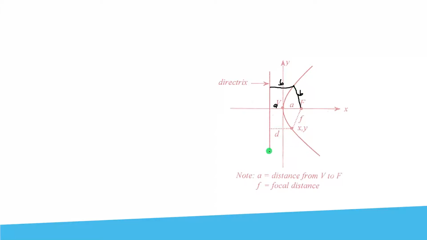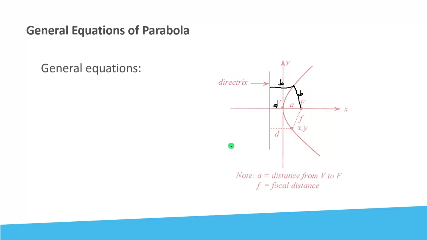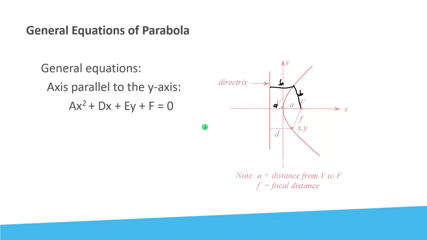So this is the general equation of a parabola. As you notice, in a parabola, only one variable is on the second degree on the equation. It's either x or y.